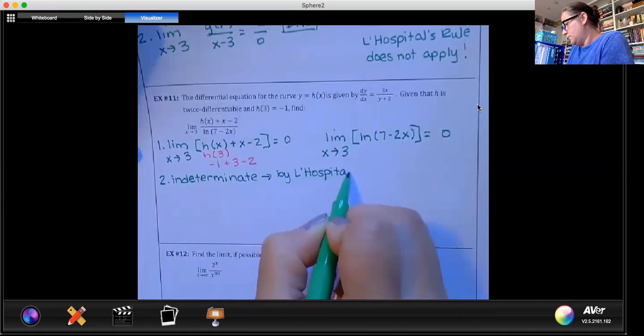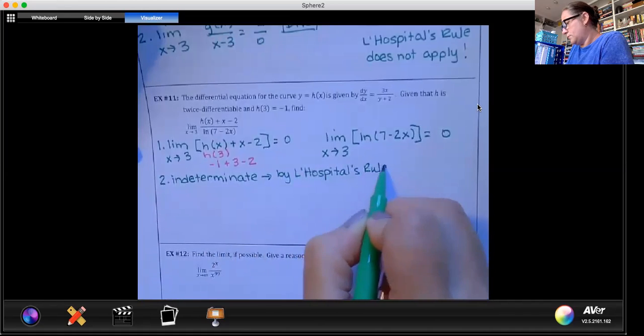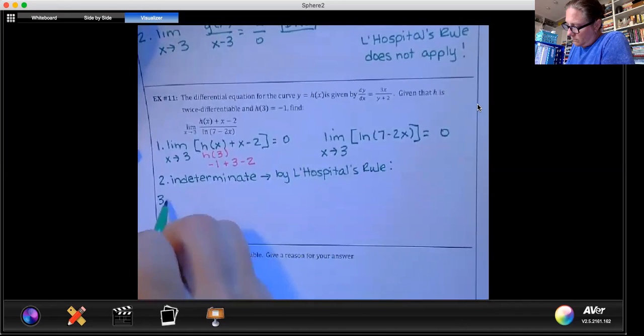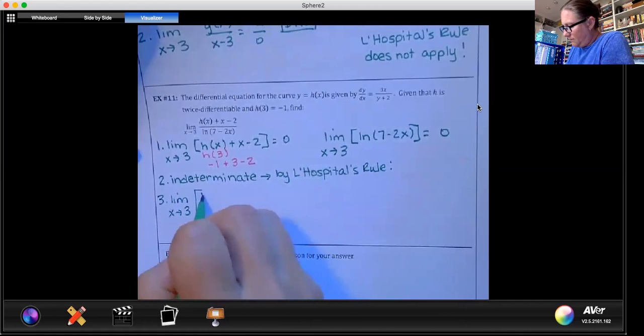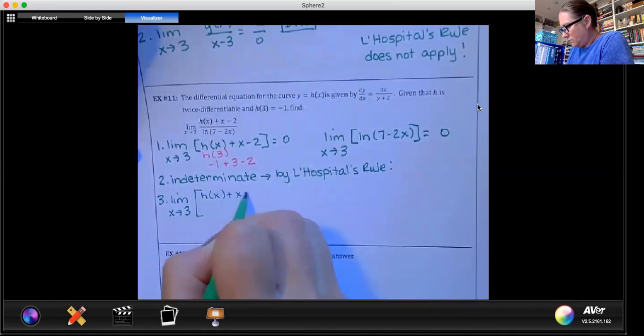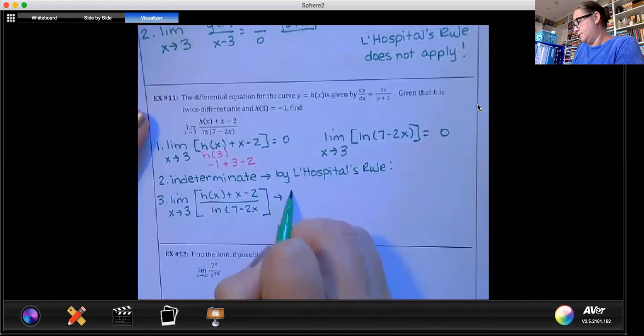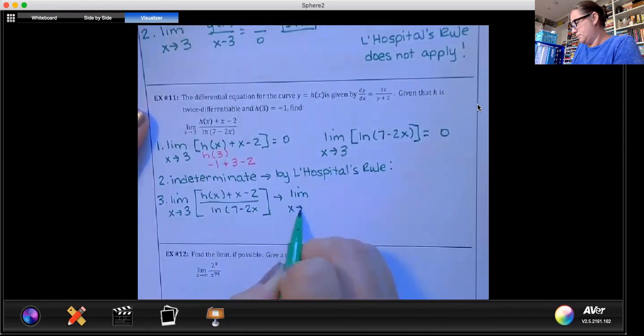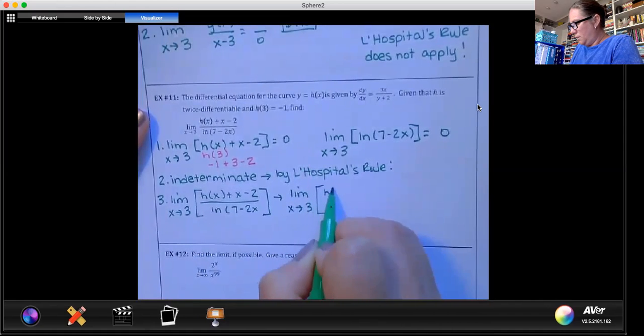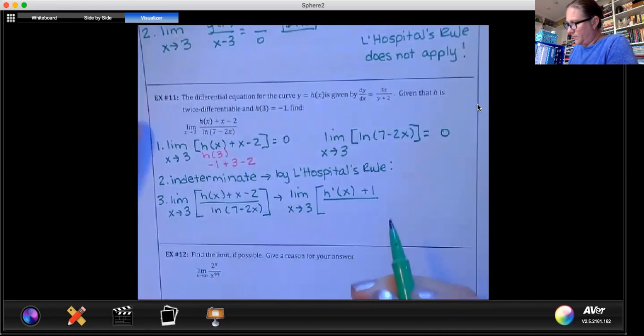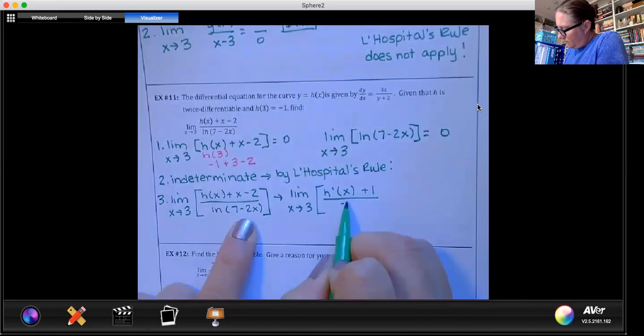By L'Hopital's rule, limit as x approaches 3 of your function, and break it up into your derivatives. h prime of x plus 1 over the derivative of your function.